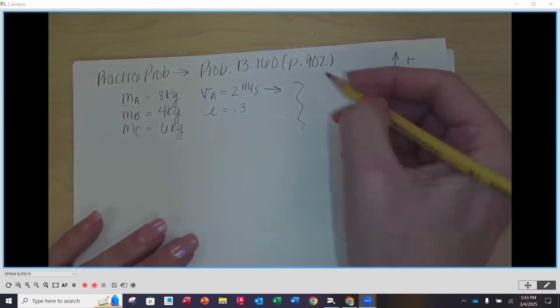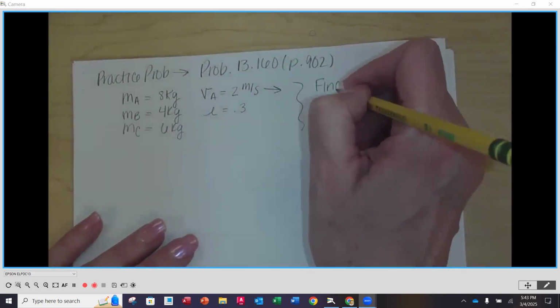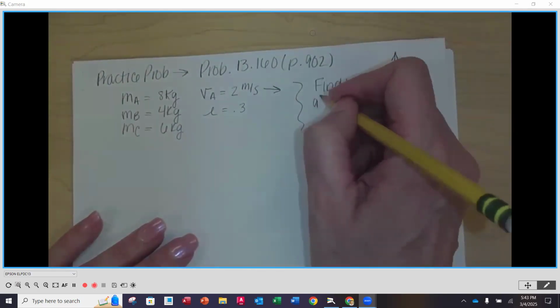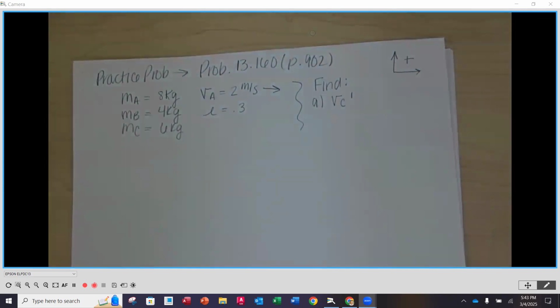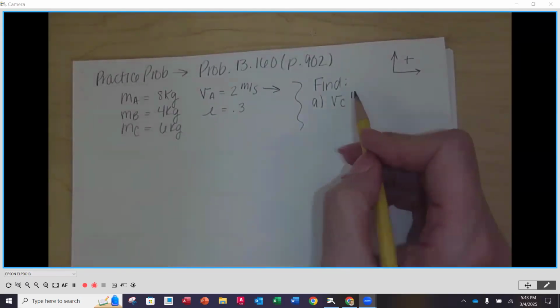What we want to find has two parts. We want to find velocity C prime. Right now, velocity C, where it's starting, as identified in the problem, is 0. Once it gets hit by package B, that's its after velocity, so we're calling that prime.